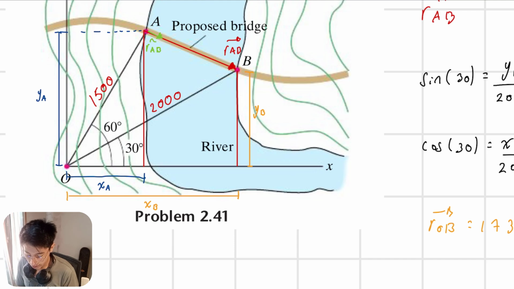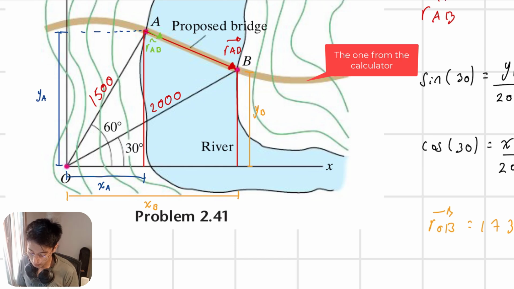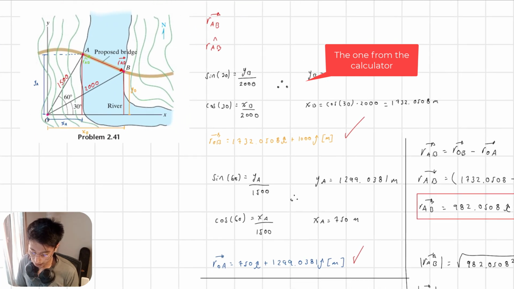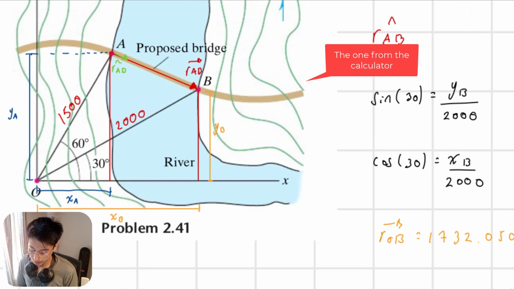I would have the unit vector and the magnitude. If each unit vector I multiply by the magnitude, I would have the vector. Right?